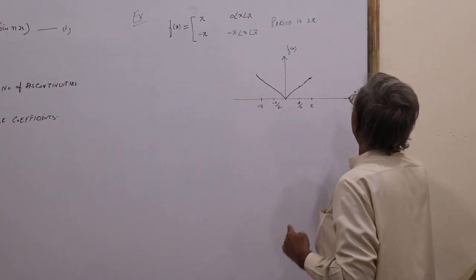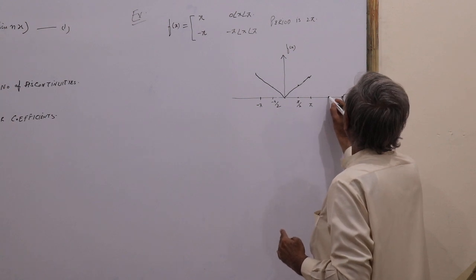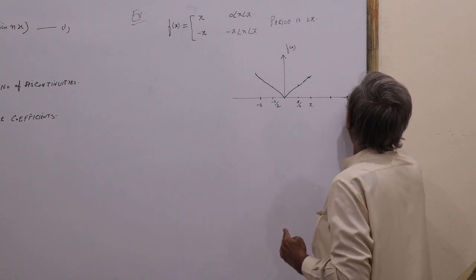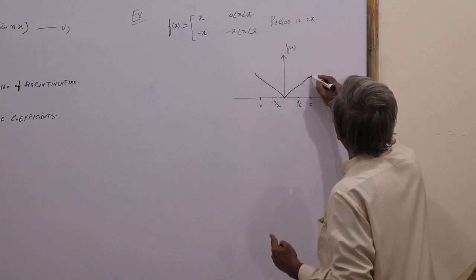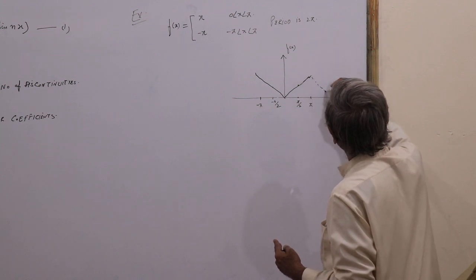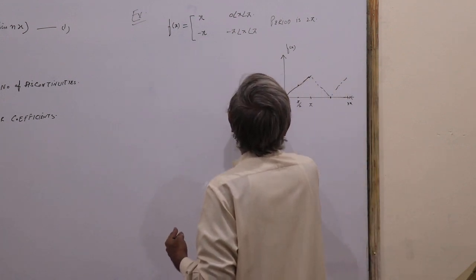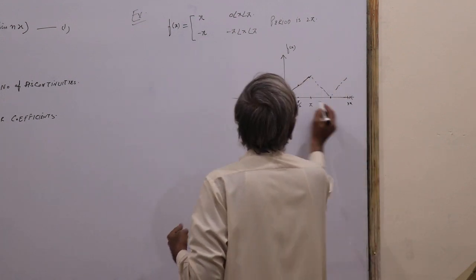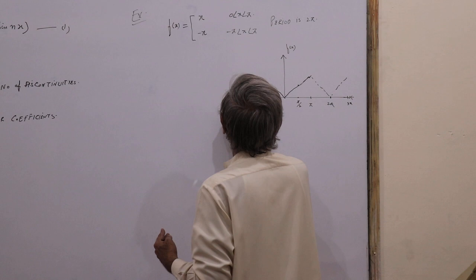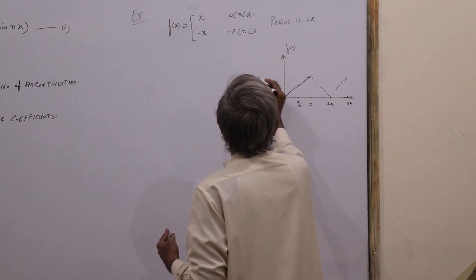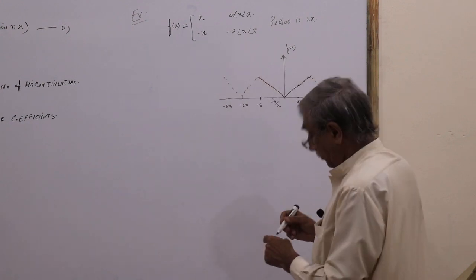You can extend this graph from pi to 3 pi; this is 2 pi and that is 3 pi. It will repeat itself: starting from 0 up to maximum, then it drops, and then again goes up to maximum. Similarly on this side, minus 2 pi and minus 3 pi, so this is the periodic repetition of the function.